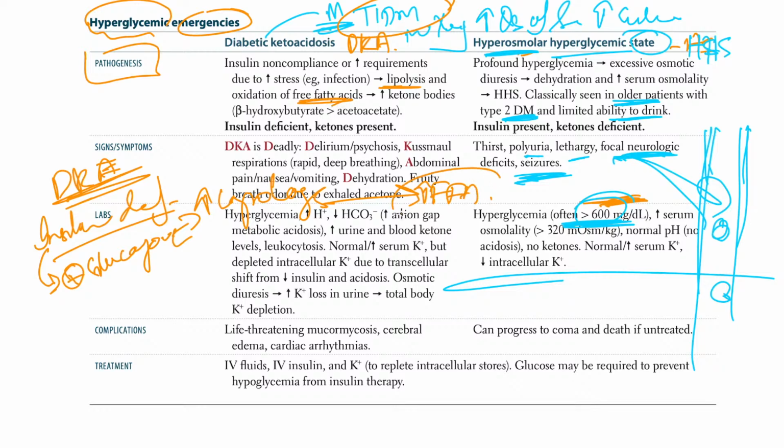Those free fatty acids go into ketogenesis, the formation of ketone bodies, which are beta-hydroxybutyrate and acetoacetate. So that's one thing with the glucagon.